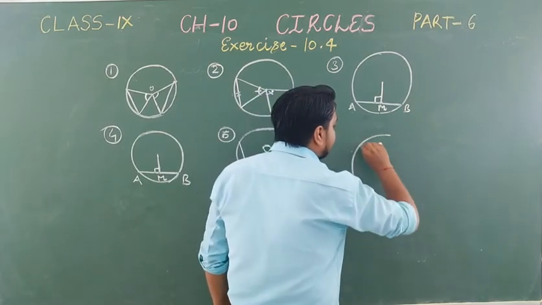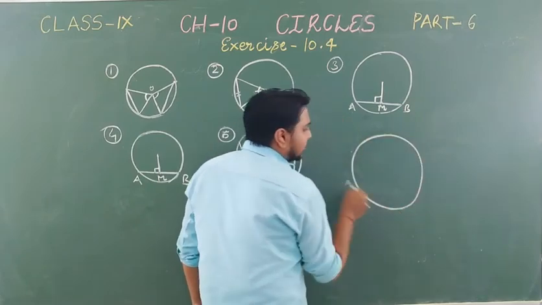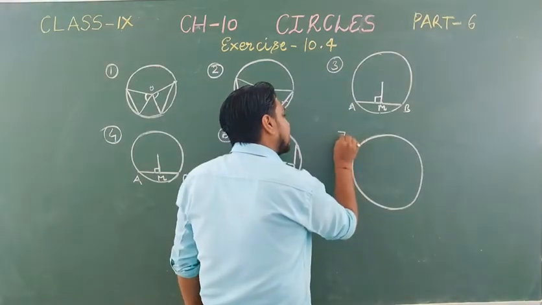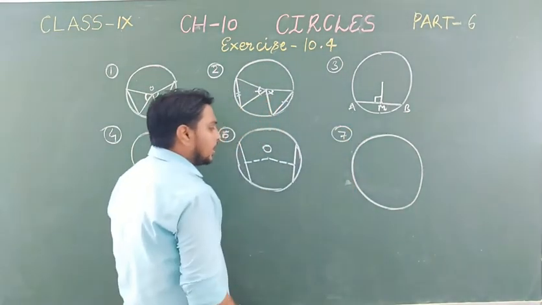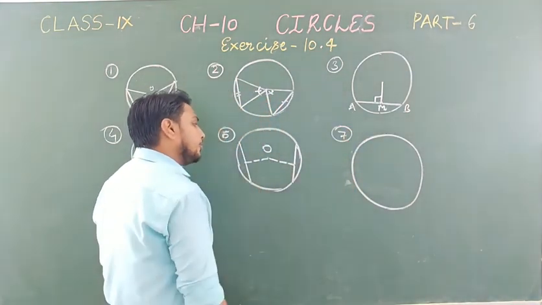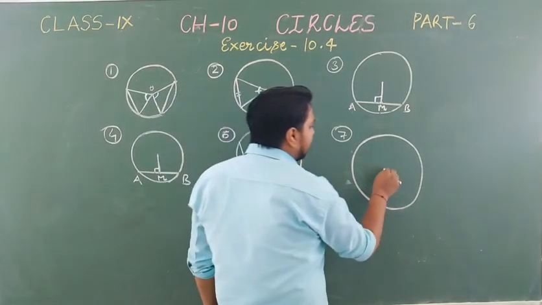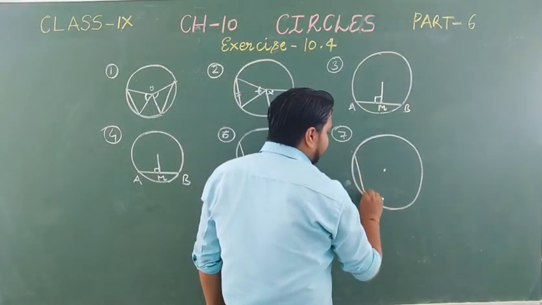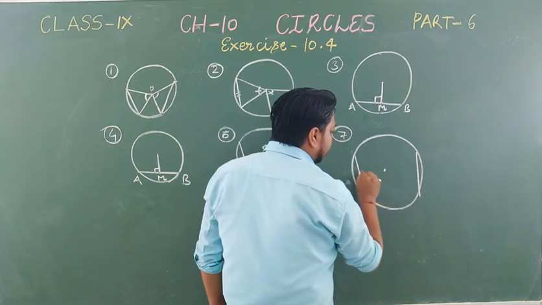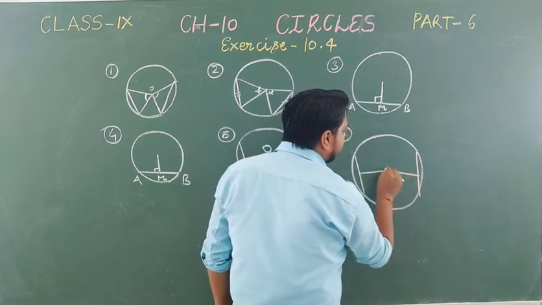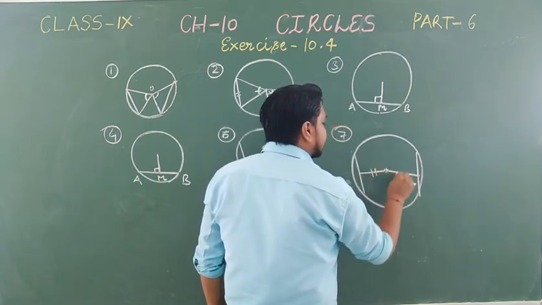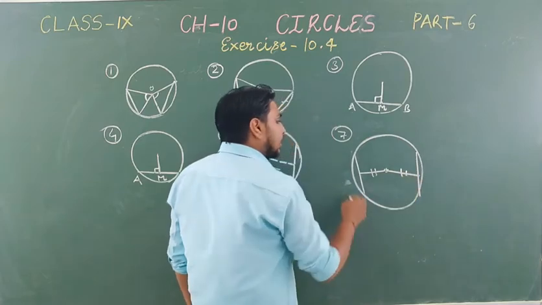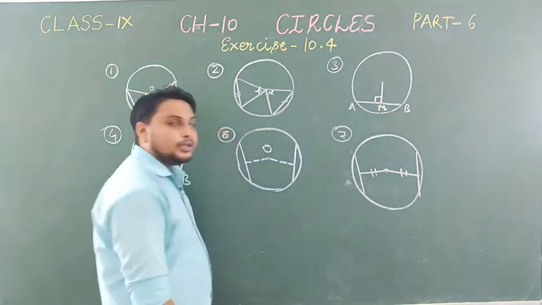And what was the theorem 7? The 6th result that we have studied is the 7th theorem, and it is the converse of the 5th. It says that if 2 chords are equidistant from the center, meaning this distance is equal to this distance, then the chords will be equal.